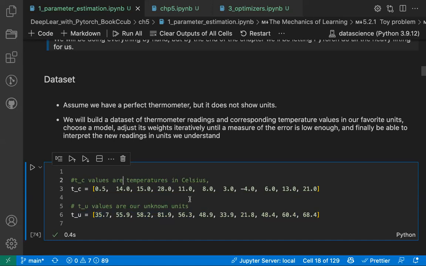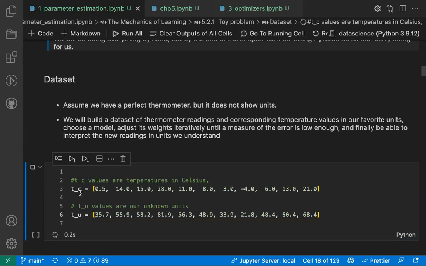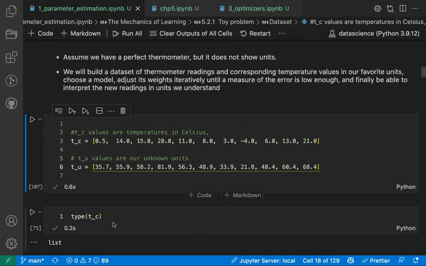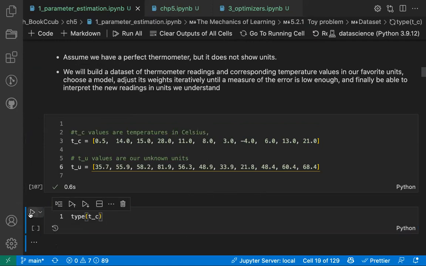So what we are trying to say is that assume this is the value and this is the corresponding ground truth, and we want to make predictions from it. Let's assume we have 2 values here. Let's look at the type of this.